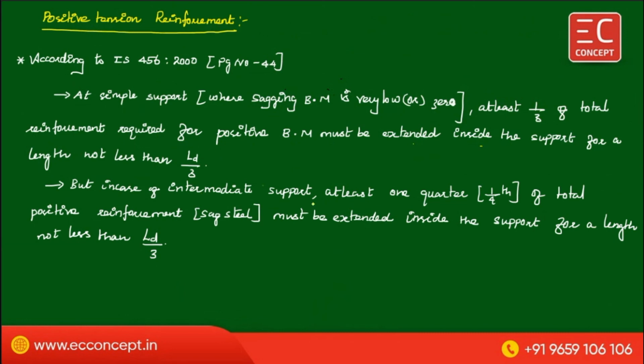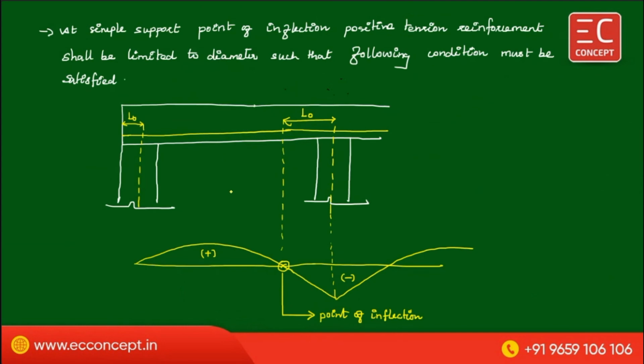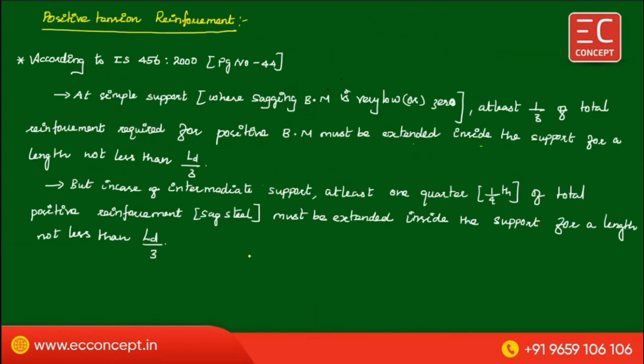In case of intermediate support, at least 1/4. Simple support 1/3. Intermediate support 1/4 of total positive steel must be extended inside the support for a length not less than LD by 3.